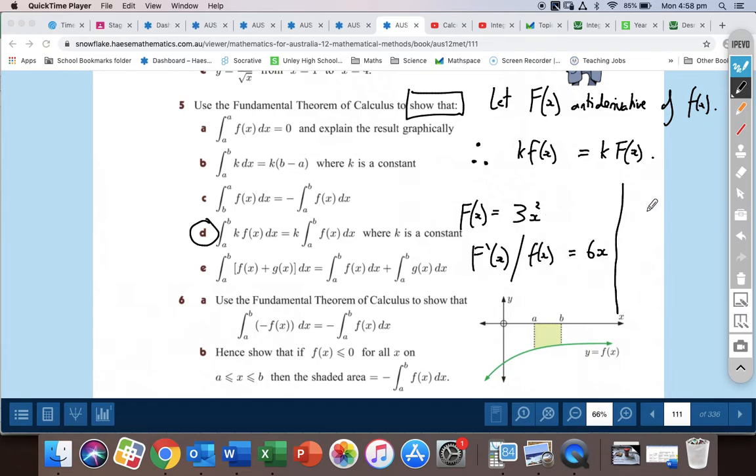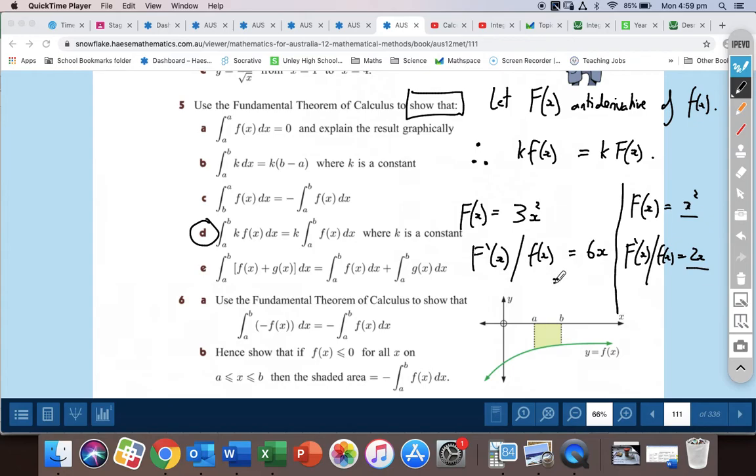Let's think about this one. If you had capital F of x equaled x squared, and you took the derivative of that, back to your original function, what would that equal? It would equal 2x, yeah? Now can you see that that's scaled up by 3 here, and this is also scaled up by 3?